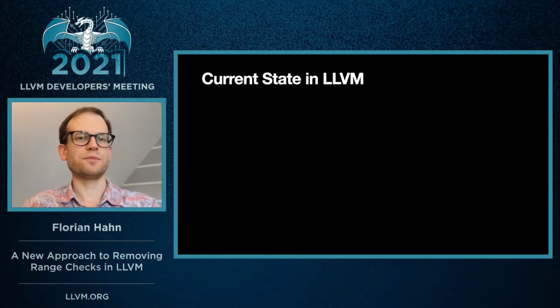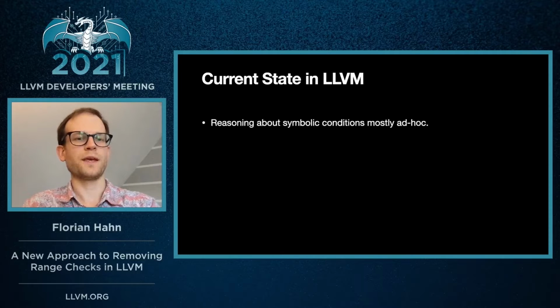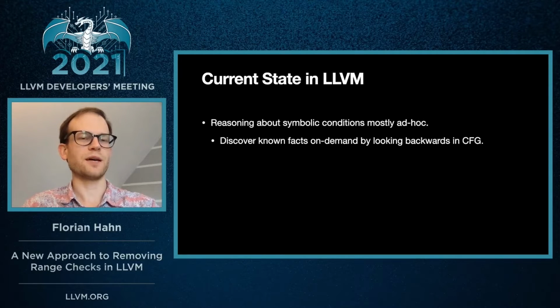Before introducing the new pass, I'd like to take a quick look at the current state in LLVM and some of the possible shortcomings that a new pass ideally should address. At the moment, most of the reasoning about symbolic conditions in LLVM is somewhat ad hoc. With that, I mean first that in multiple places, LLVM is trying to discover facts to use for reasoning on demand, so by looking backwards in the CFG at the predecessors.